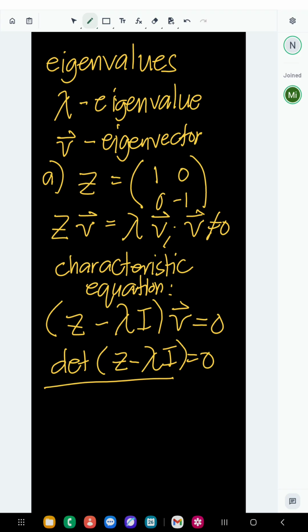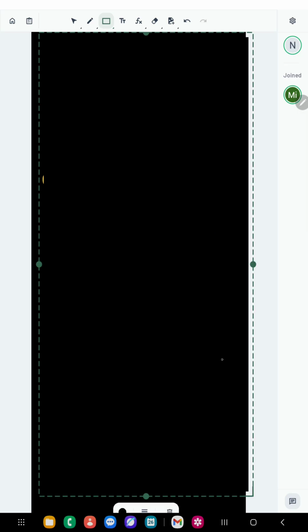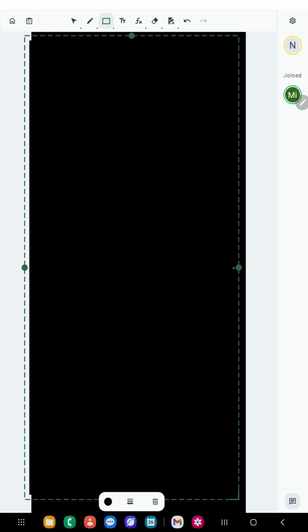Determinant is what we discussed last time, right? I'll show you a different example in finding the eigenvalues and eigenvectors, because I cannot give you more definition in words.